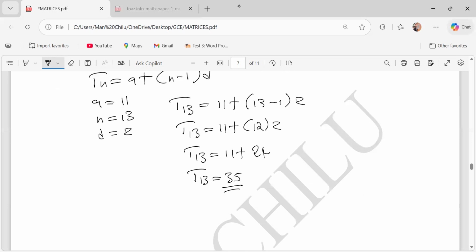Then B, we are told that if the arithmetic mean of 5 and C is 11, what is the value of C?